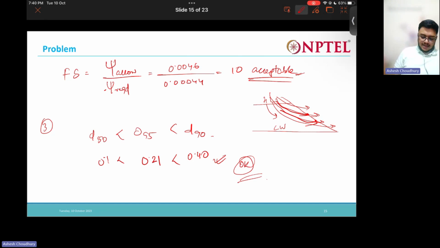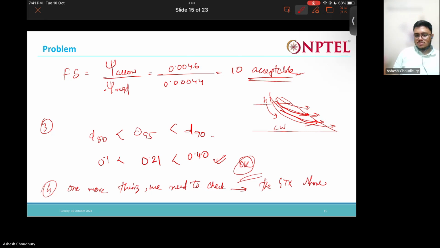One more thing we have to check. The geotextile should not get damaged due to the reef.